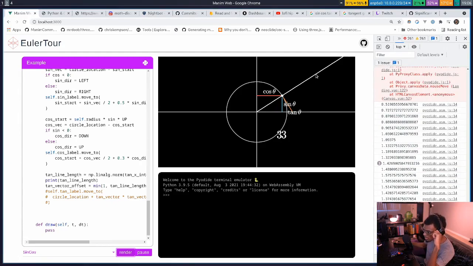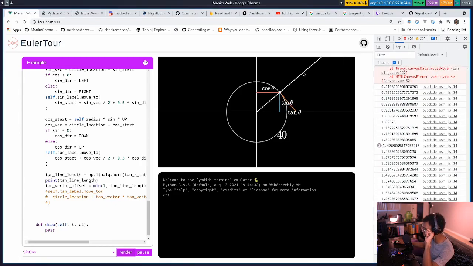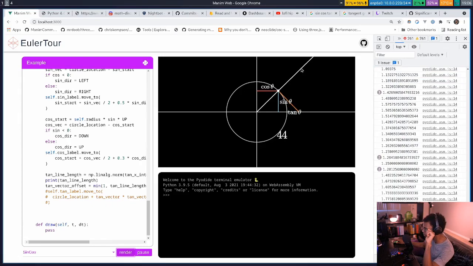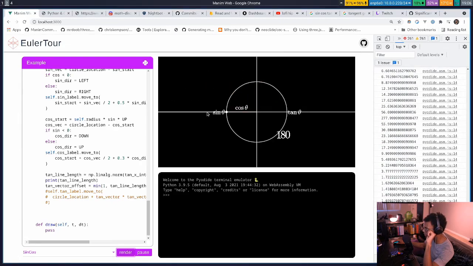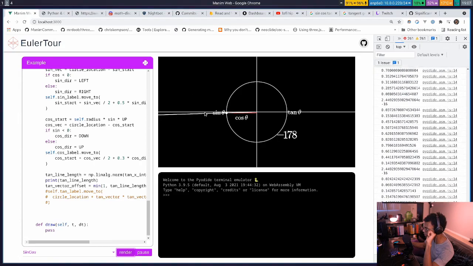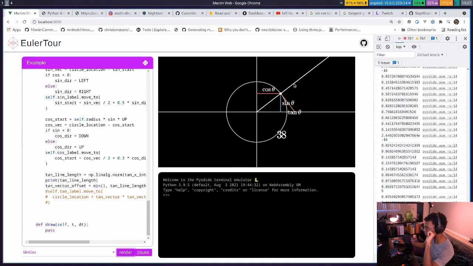Okay, does this make sense as the length of the tangent line? And that answer is yes, it does. Okay, so that's right.